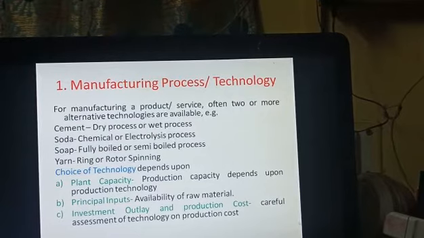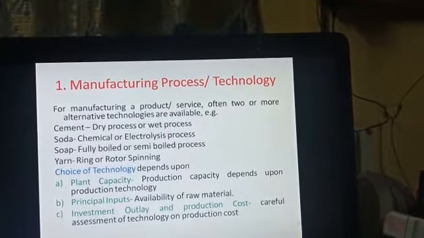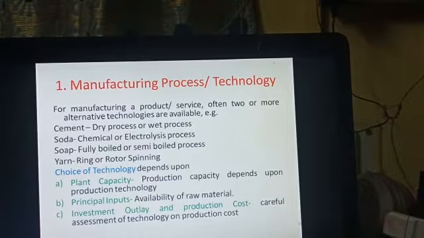So choice of the technology depends upon plant capacity. Production capacity depends upon production technology. So the capacity of the plant depends upon technology. Principal inputs means availability of raw material, that whether the raw materials are available or not.